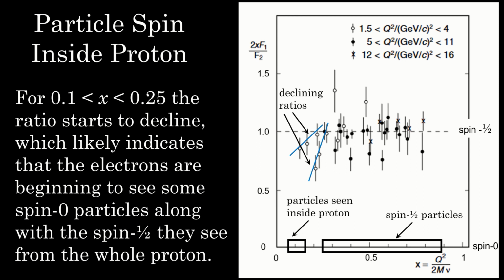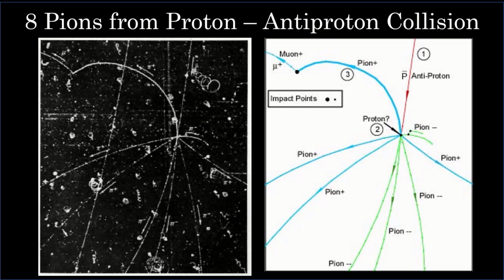Spin 0 components favor the pion, which seems more likely since, many times when a proton collides with other particles, several pions appear in the debris.